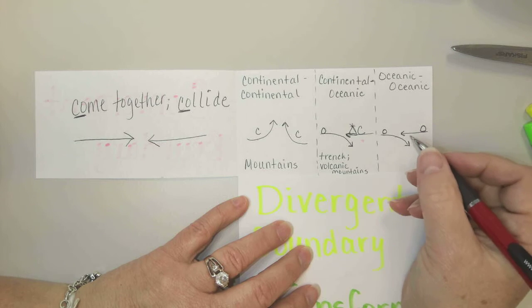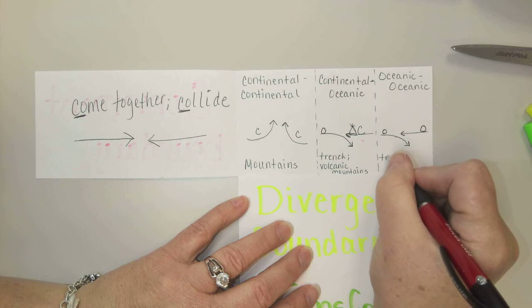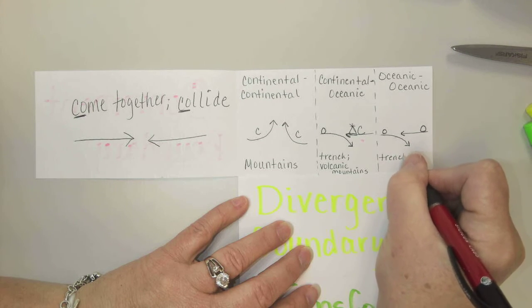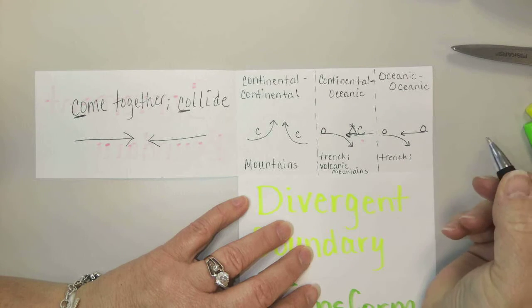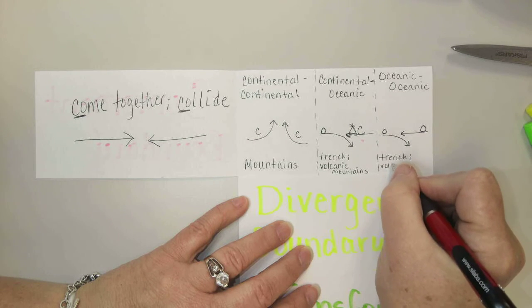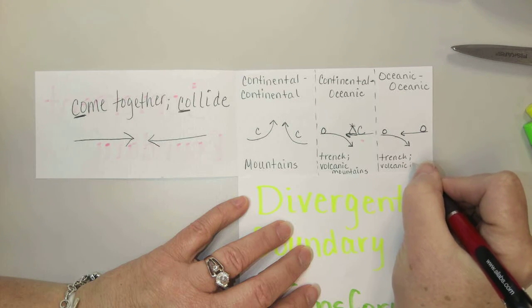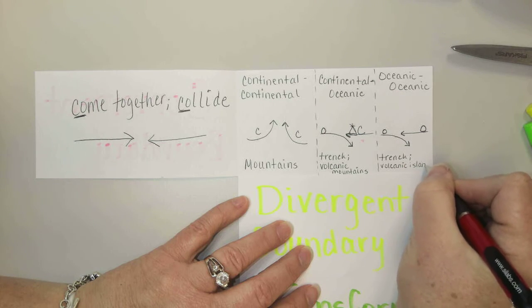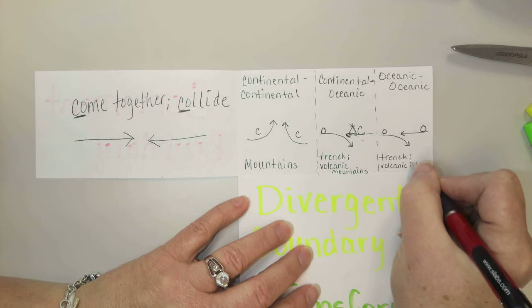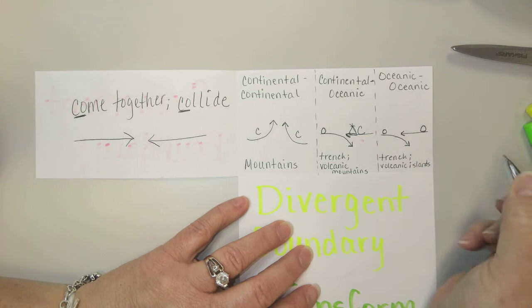In this case, you have trenches again that are formed, but you also have volcanic islands that are formed. In this case, this would be Hawaii.